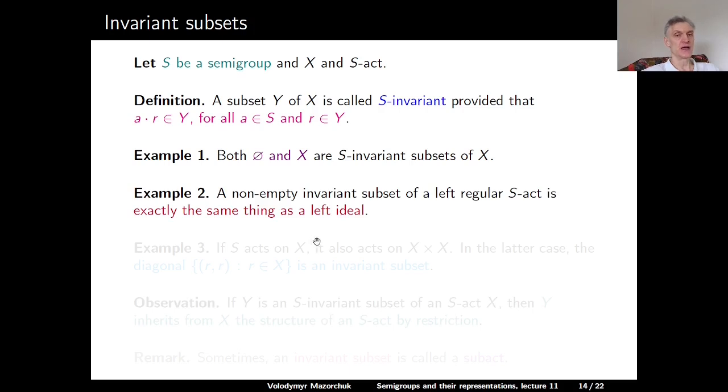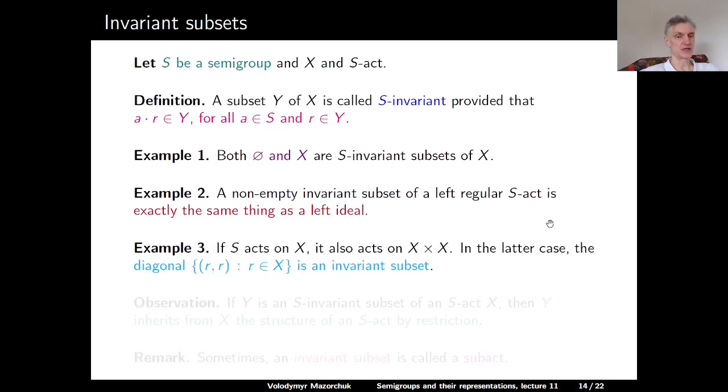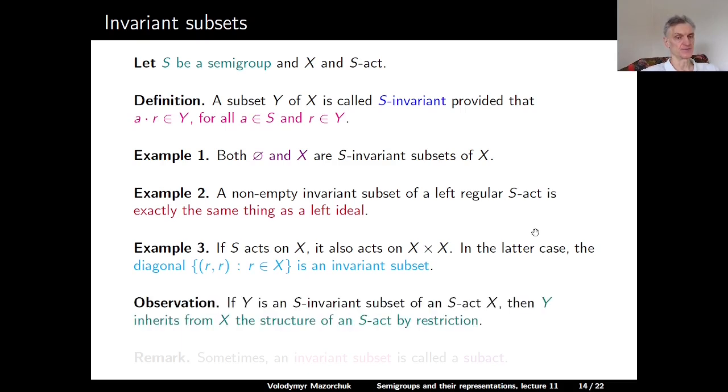Example 2. A non-empty invariant subset of a left regular S-act is exactly the same thing as a left ideal. Example 3. If S acts on X, it also acts on X times X. And in the latter case, the diagonal, which consists of all pairs of the form (r, r), where r is an element of X, is an invariant subset.